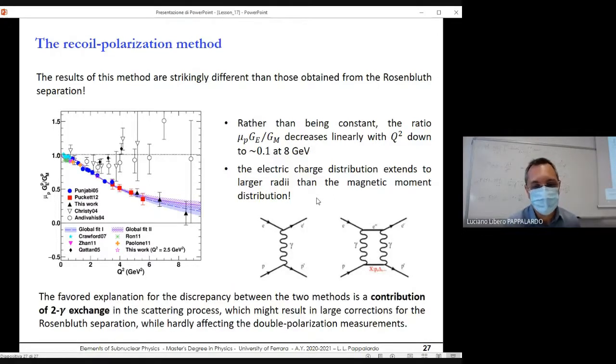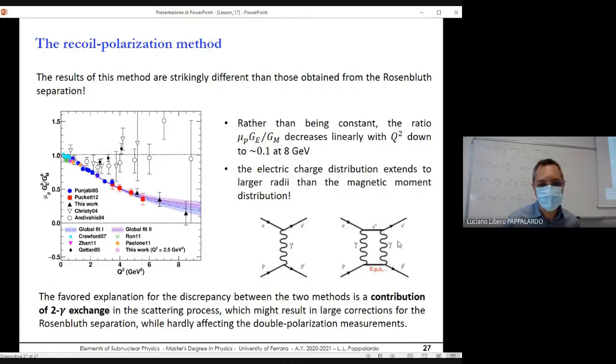Now, the solution to this puzzle is not completely solved yet. There is still a lot of debate, but the main explanation is that one should not limit oneself to a single photon exchange, but include a double photon exchange contribution. This is a higher order QED effect that can contribute to your cross-section, and the Rosenbluth formula does not take this into account.